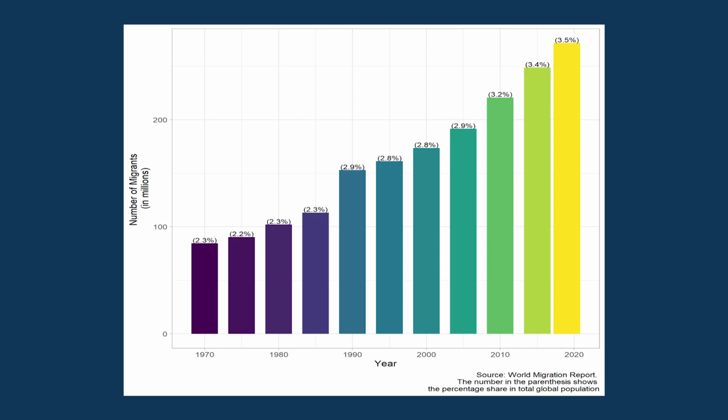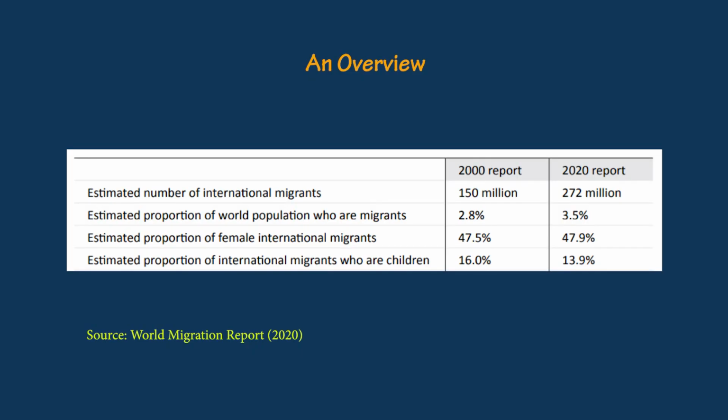So it is not just the total number of migrants that is increasing, it's also the share of migrants in the total global population, which implies that the rate at which the number of migrants is rising is relatively more than the rate at which the global population is rising. And this is an overview over the last 2 decades, between 2000 and 2020.